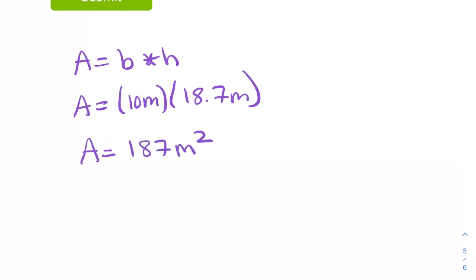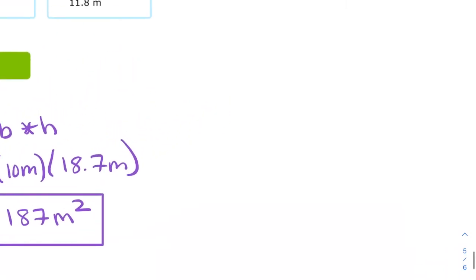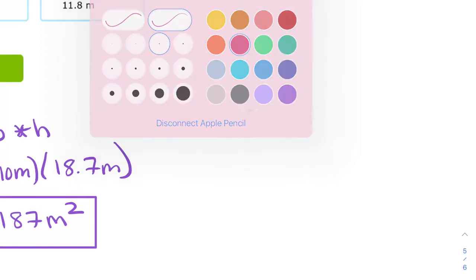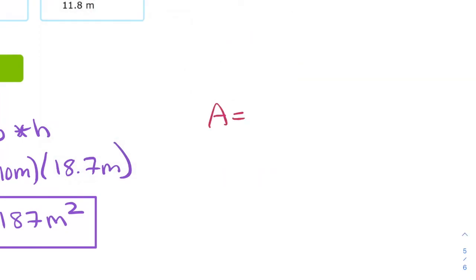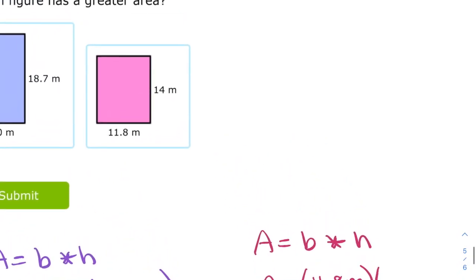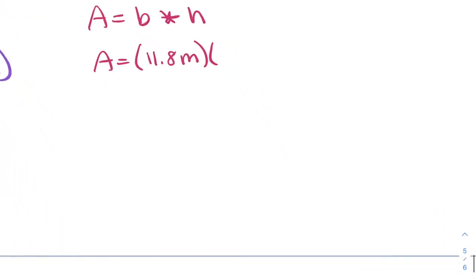Meters times meters is meters squared. So the next one, area equals base times height. So area equals 11.8 meters times 14 meters.